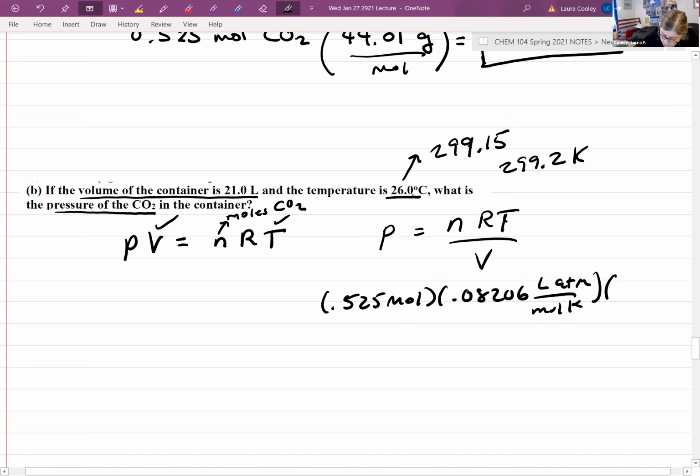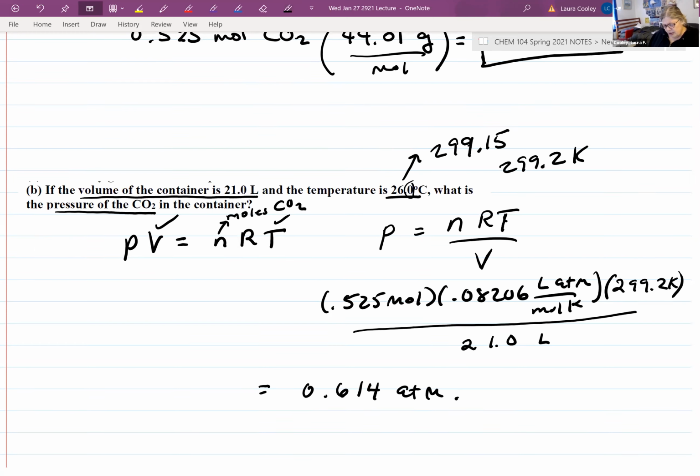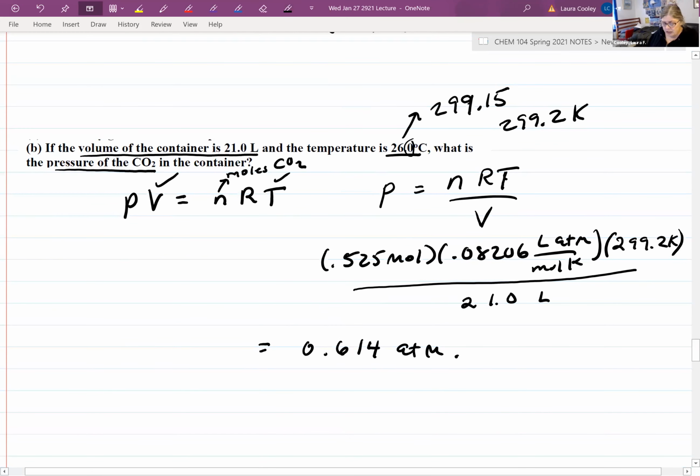I'm keeping one decimal place because one was given. And the volume's 21 liters. And this comes out to 0.614 atmospheres. So this is what I would call a very straightforward gas stoichiometry problem.